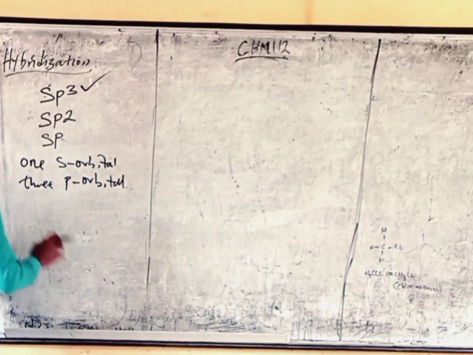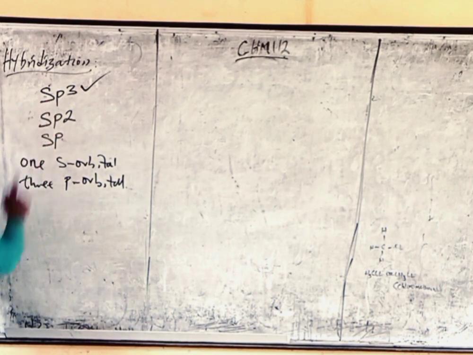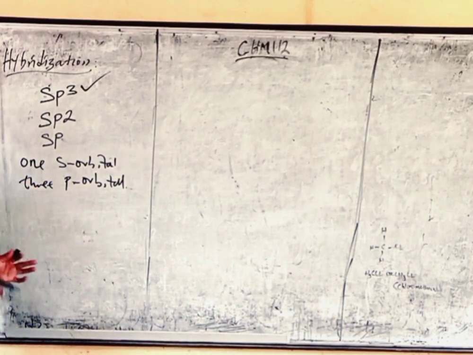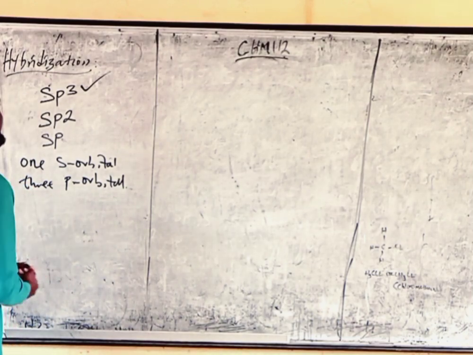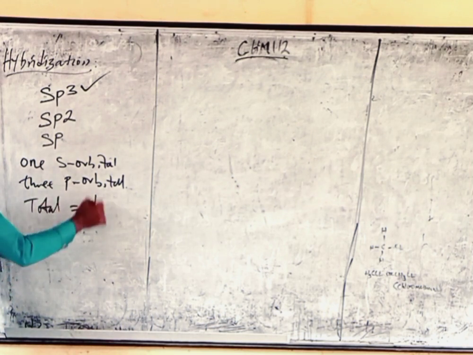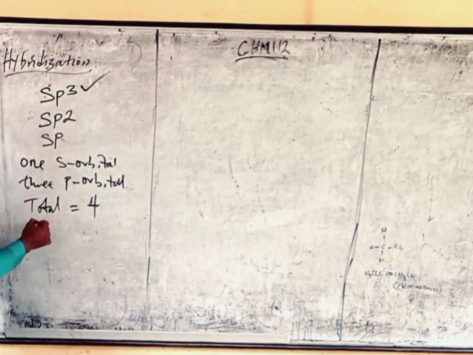If we have 1 s and 3 p, we now have a total of 4 orbitals. What is the percentage of s orbital inside this sp³ hybridization?